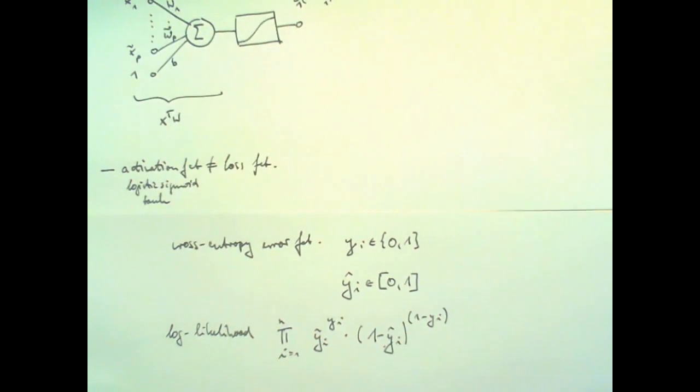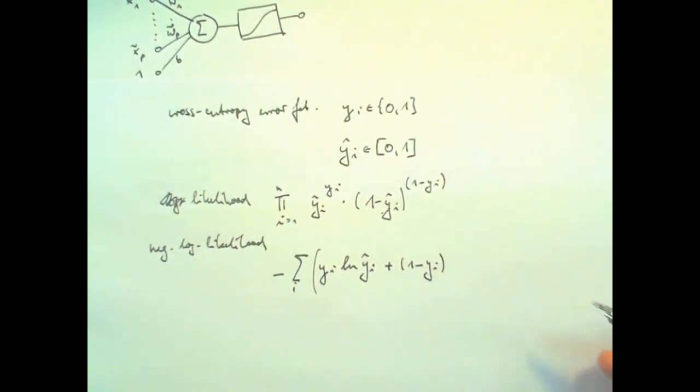And if I now take, sorry, this was the likelihood, not the log likelihood. And if I now take the negative log likelihood, then I end up with minus sum over i yi times ln yi hat. Yeah, sorry.